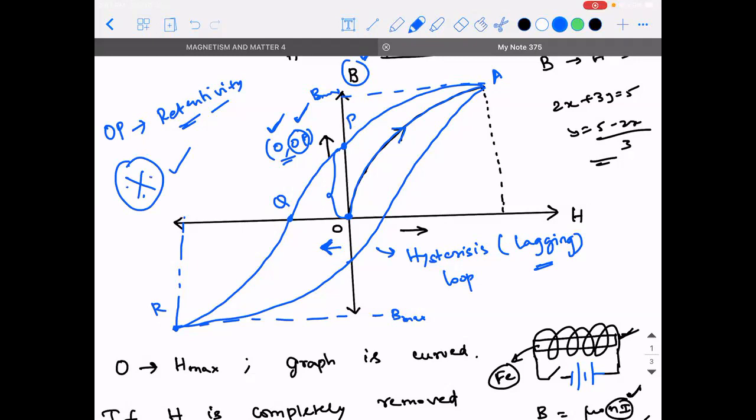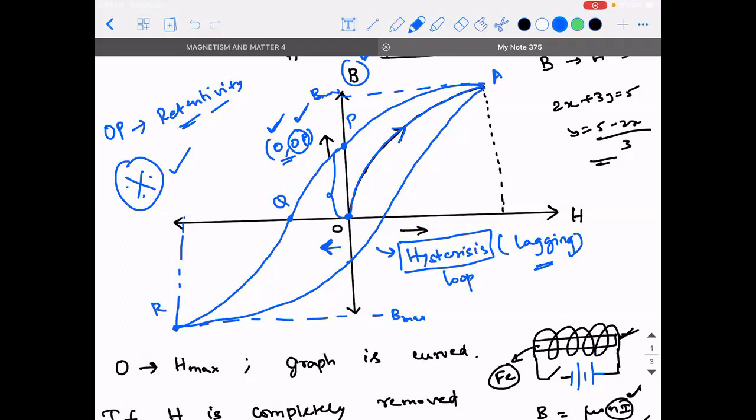So could you repeat the last point which you told about that lagging? Yeah, hysteresis means lagging. So here, what is lagging? The magnetic induction will always be lagging behind the magnetizing field intensity. So that is why we call it as a hysteresis loop, or some books refer to it as hysteresis curve also.